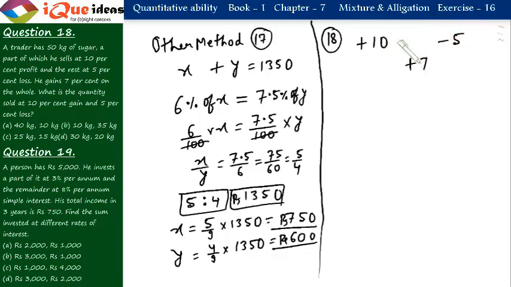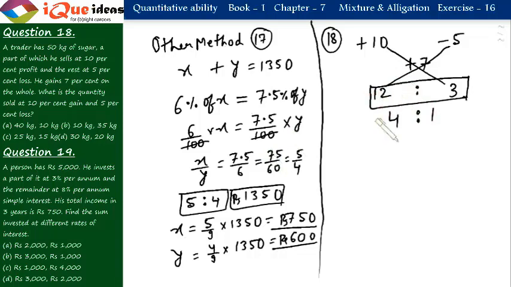So the difference of 10 and 7 is 3, written here. And the difference of plus 7 and minus 5 will be 12. This is where people make mistake. The difference of plus 7 and minus 5, that is 12. Right? So the ratio of quantities will be 12 is to 3, that is 4 is to 1. And the total quantity given is 50 kg. So divide 50 kg in the ratio 4 is to 1.